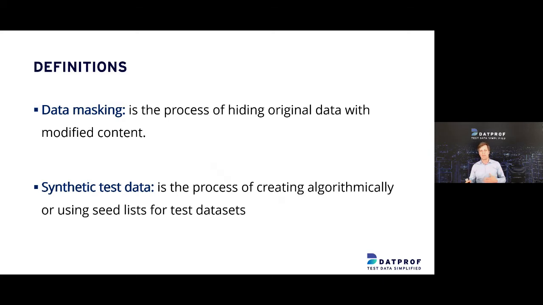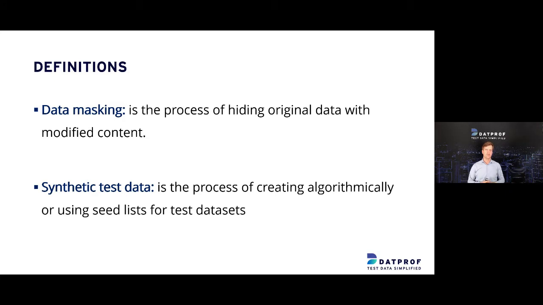Techniques that can be applied are a shuffle, redaction, blank, scramble, all those sorts of masking rules, which help you to modify existing content and therefore hide it, to not show the real content itself.